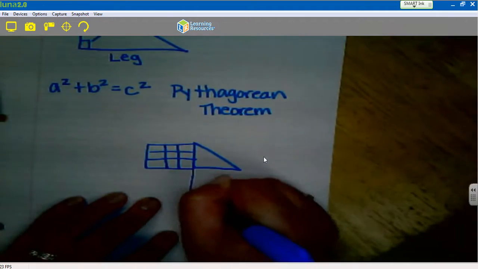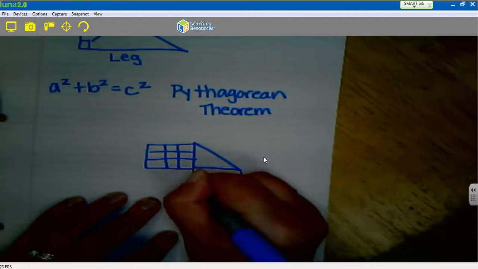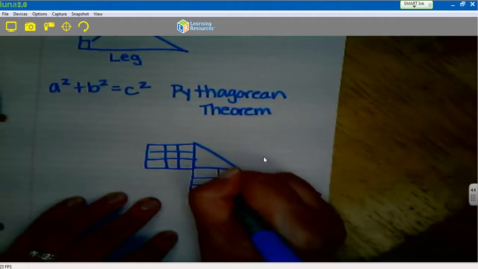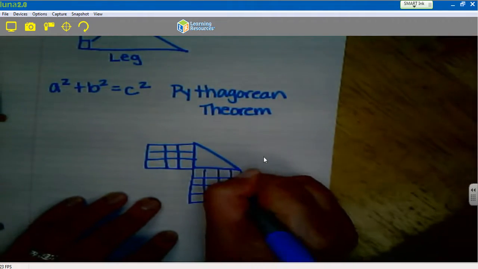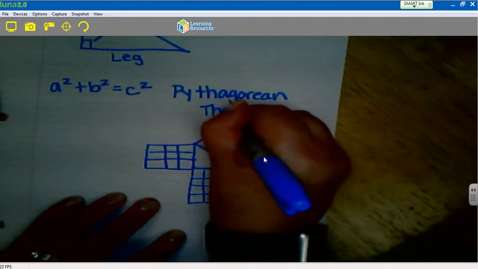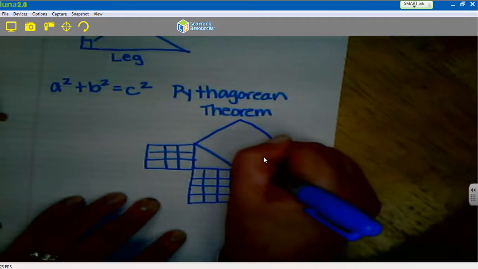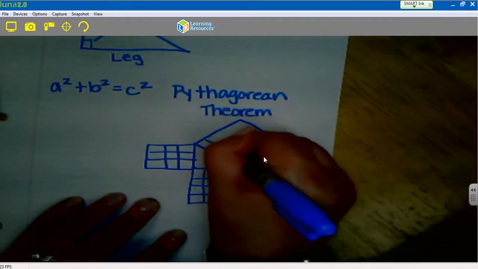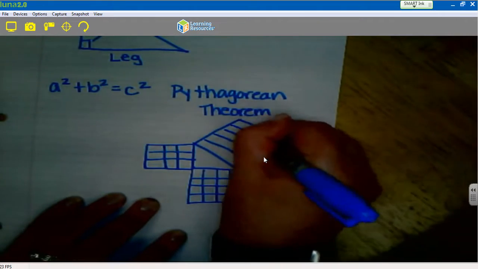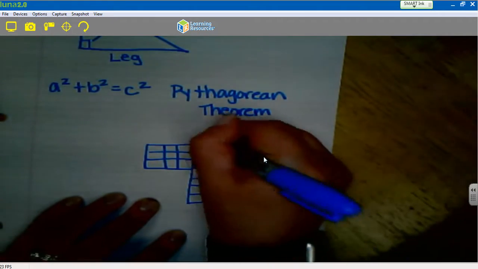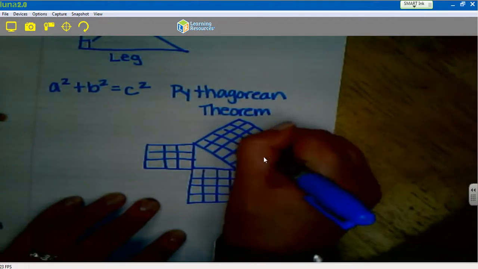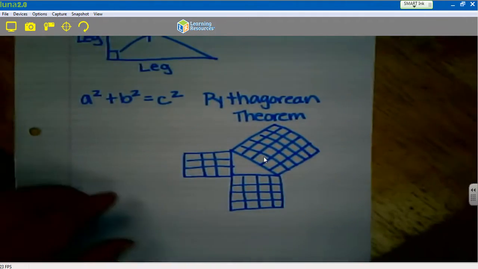We know it's 4 units long because there are 4 boxes along that side. And then the hypotenuse is 5 units long because there's 5 boxes along that leg.